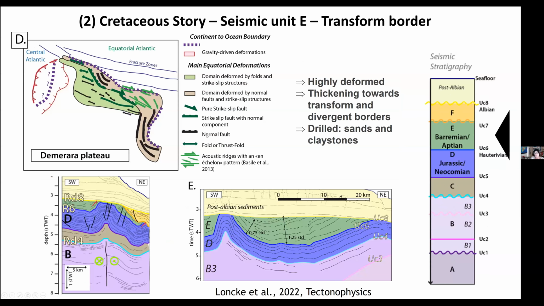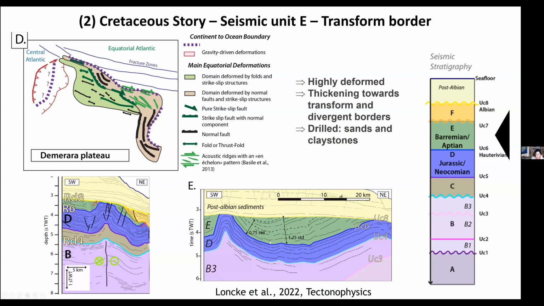In a second step, all the Demerara and Guinea Plateau have been reworked by the opening of the equatorial Atlantic. And this is well recorded by unit E, which is Barremian to Aptian in age, and which has been drilled. It consists of sands and claystones. And this unit, as you can see here, is very deformed by faults, by strike slip component faults.